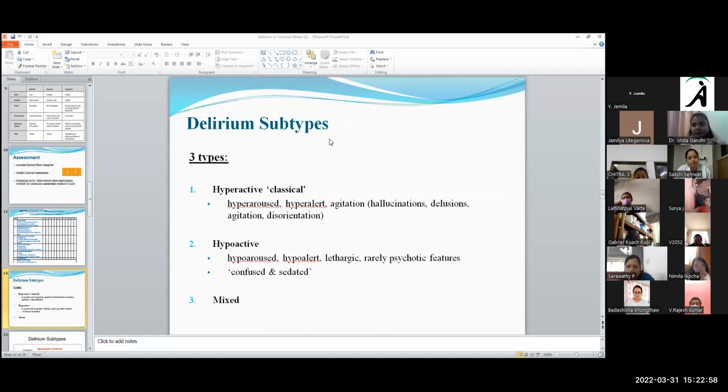But there is another subtype of delirium, which is called hypoactive delirium, or hypoaroused or hypoalert delirium. Here the patient is either very lethargic, not responding.